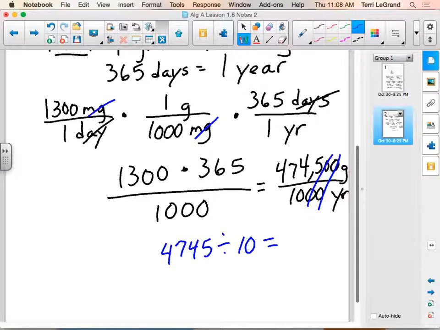So this would be 474 and 5/10, and these are what? Grams per year. So if you need 1,300 milligrams per day, that calculates out to 474.5 grams every year.